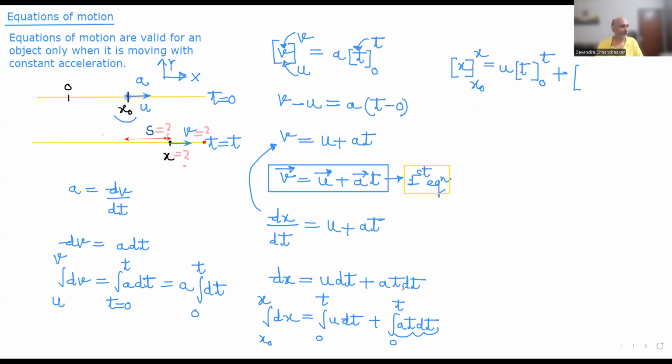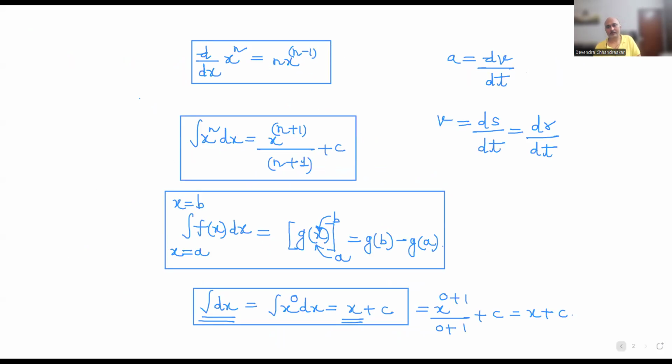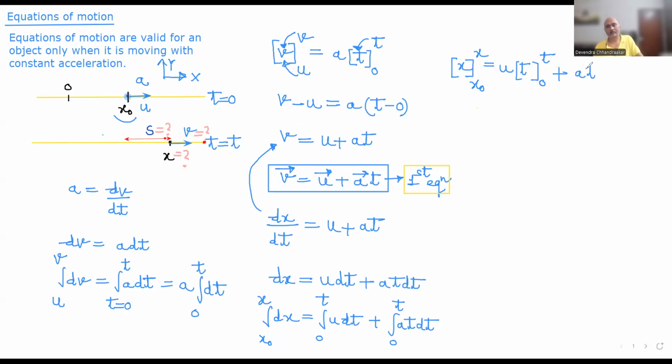Arav, tell me what is integral of at dt? इसका इंटीग्रल क्या है? a तो कांस्टेंट है, बाहर आ गया। अब बता इंटीग्रेशन of t. n plus 1 होता है ना। t square divided by 2. फिर तुम क्या सीवी लिख रहा है इसका? सी कहाँ से आया था बेटा? नहीं आएगा। So this is the integration of it.